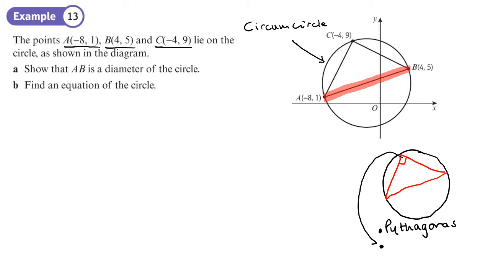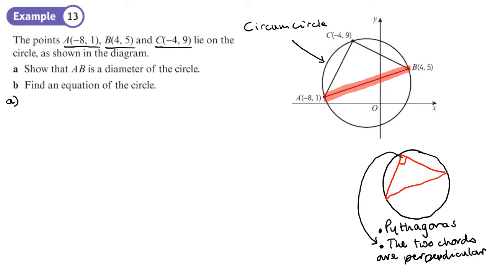And the way to prove we've got a right angle at the top is that the two chords should be perpendicular. So let's go for the second one and prove that those two chords there, the chords AC and BC, are perpendicular, which means we must have a right angle, which means that the line I've highlighted in red must be the diameter.